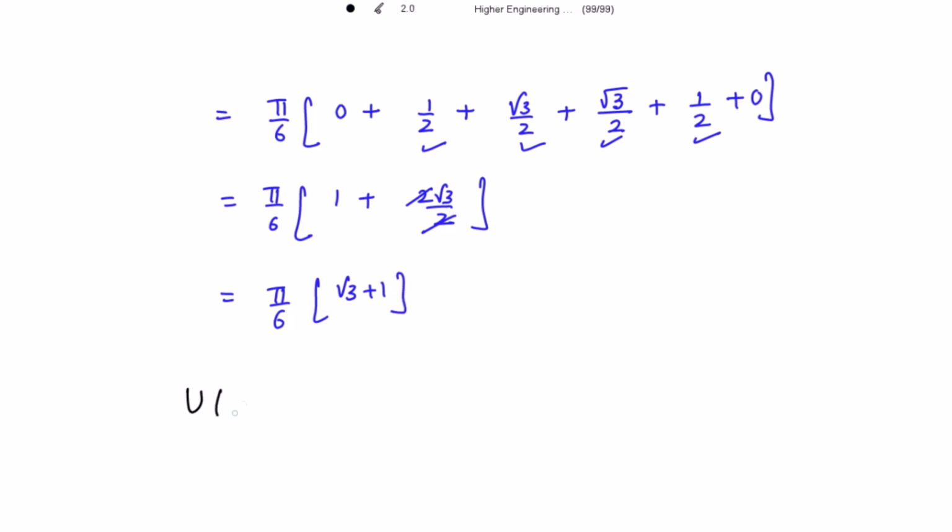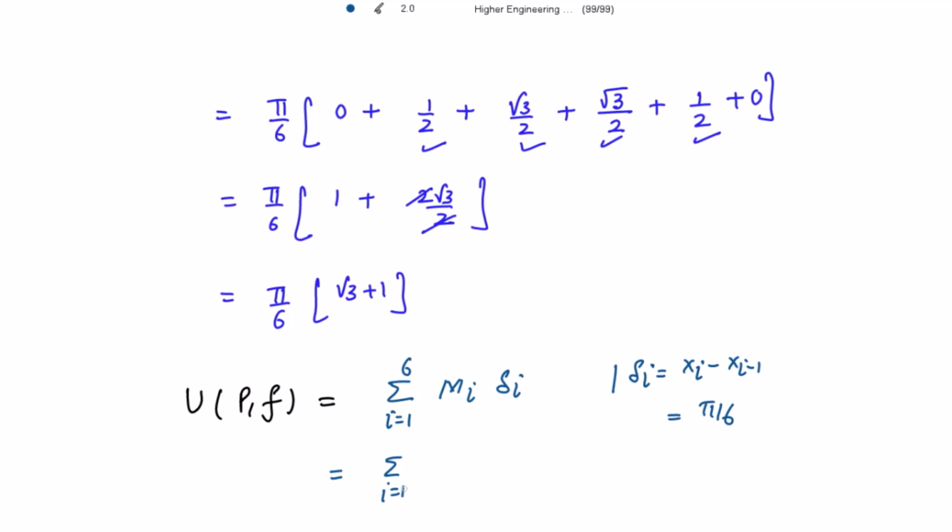Now calculating the upper Riemann sum. That is equal to summation i going from 1 to 6 of capital Mi delta i, where delta i is the length of each subinterval, which is pi by 6. So that is equal to summation i going from 1 to 6 of capital Mi into pi by 6.